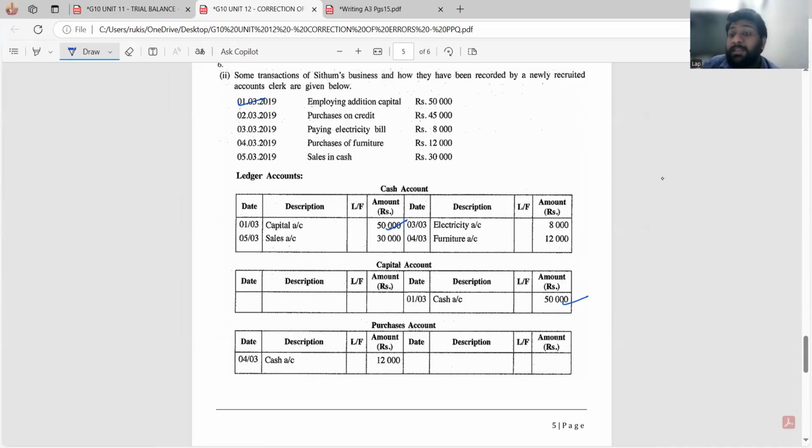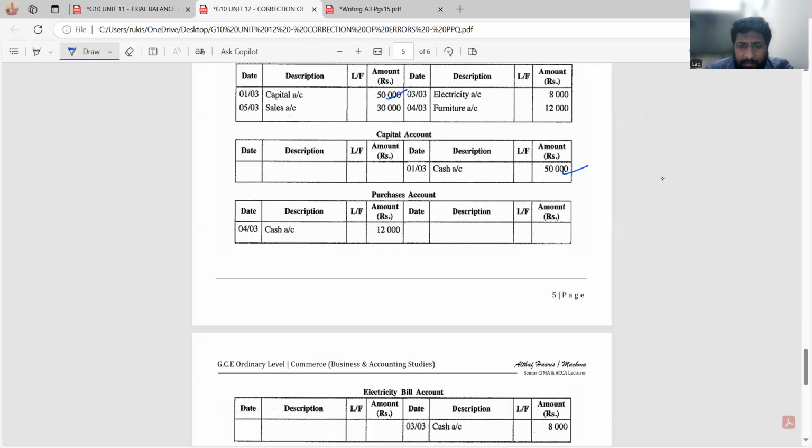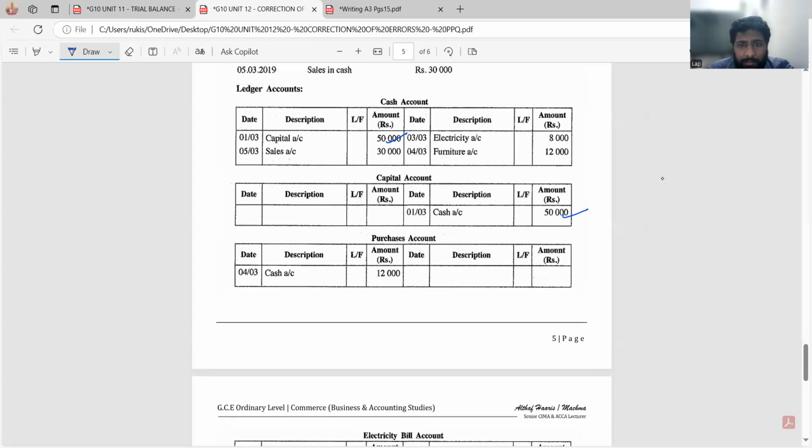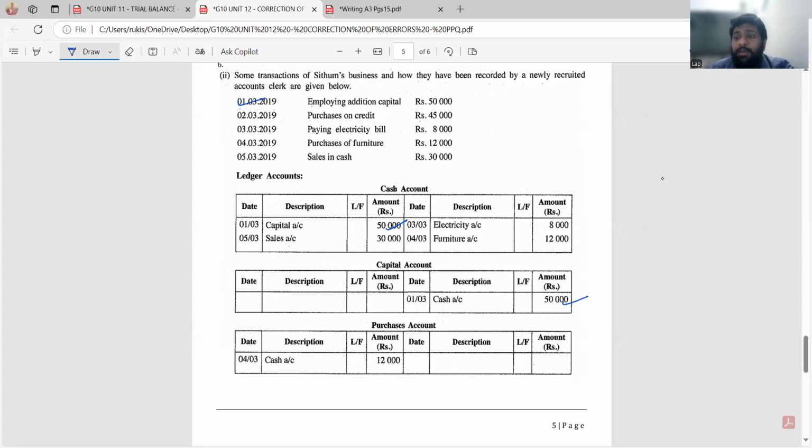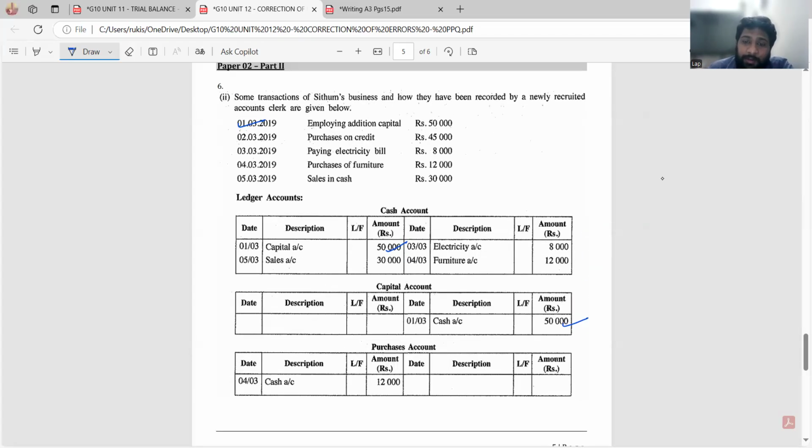Second, purchase on credit basis. What's the double entry? Purchase account should be debited and the creditor account should be credited. On 2nd March, the purchase account, I can't find it. Let's look at the creditor account. In the creditor account also it's not there. So what has happened? This one is completely missed. Completely omitted, not recorded at all.